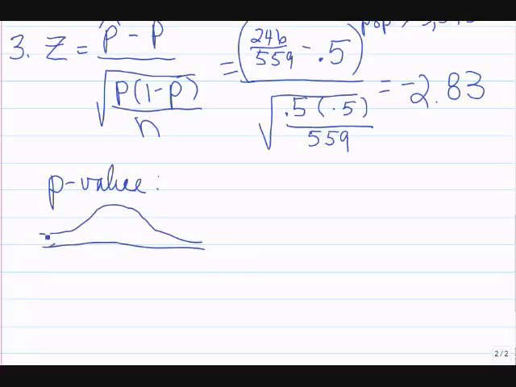Let me mark that negative 2.83. My less than means that I should be looking at the left tail. So how are you going to get this p-value? Normal CDF from negative infinity to negative 2.83. No degrees of freedom because this is a normal distribution. We only need that for the t.